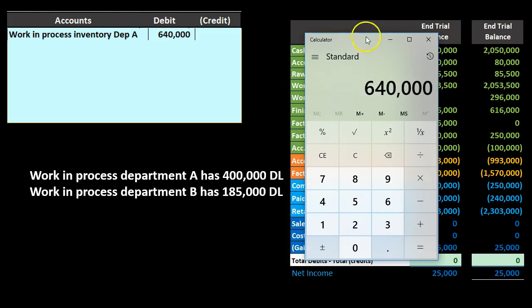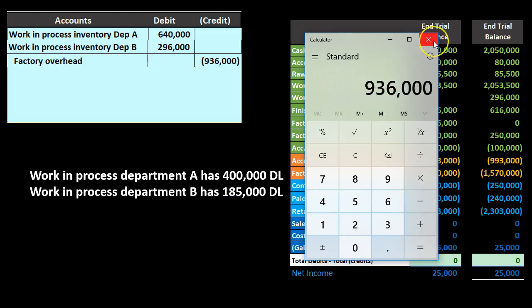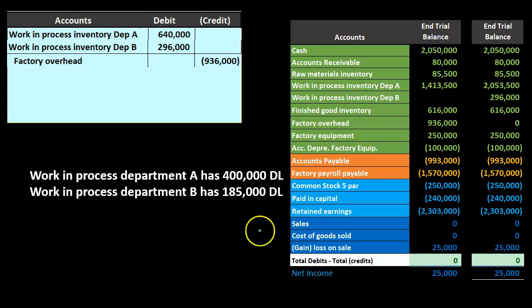And Department B is 185,000 times 1.6, which is 296,000. Adding those two up, 640,000 plus 296,000, the 936,000 is what's going to come out of the factory overhead.